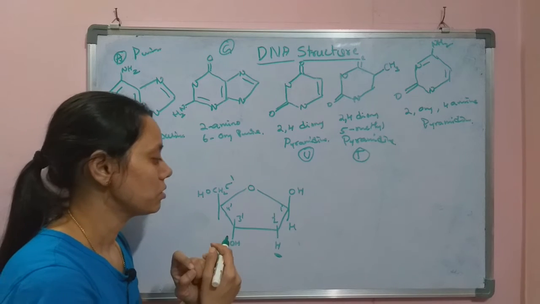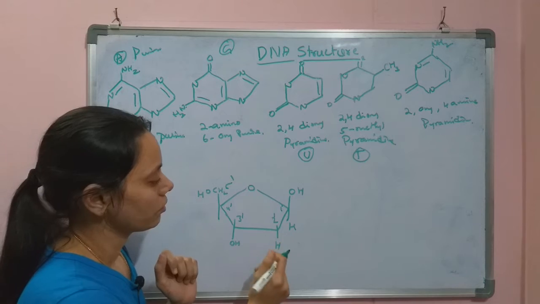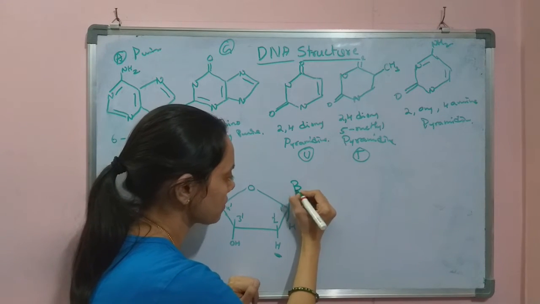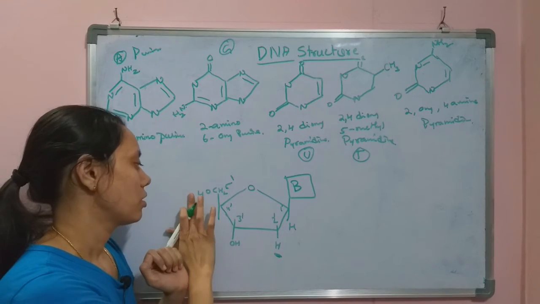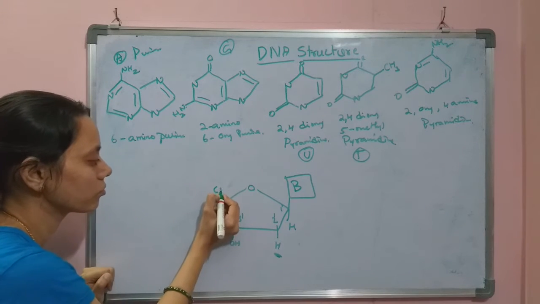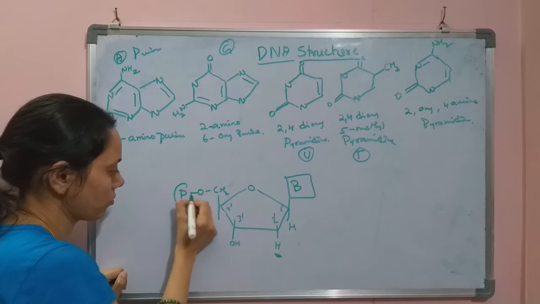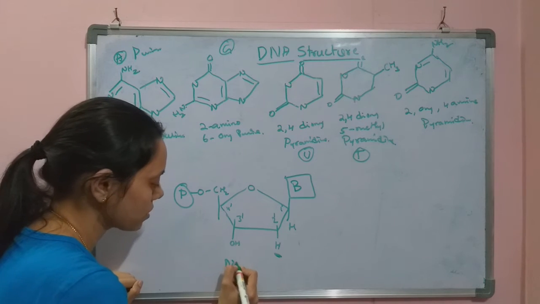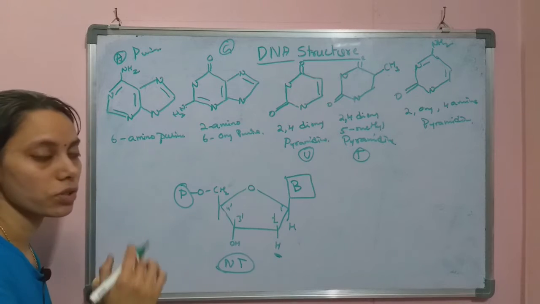At the 1 prime position, the nitrogen base will be attached to this ribose sugar, while at the 5 prime position the phosphate moiety will be attached, and together it makes the nucleotide: nitrogen base, sugar and the phosphate moiety.